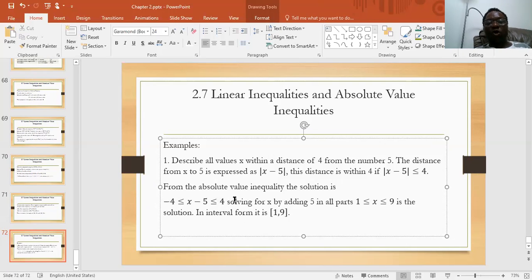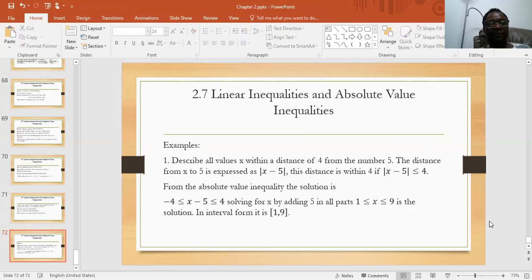I add 5 to each portion of this inequality, because adding numbers to an inequality does not change the inequality. If I add 5 everywhere, I will have 5 minus 4 is 1, and 4 plus 5 is 9. X minus 5 plus 5 is x. So the inequality becomes x greater than or equal to 1, less than or equal to 9. And in interval form it is from 1 to 9.